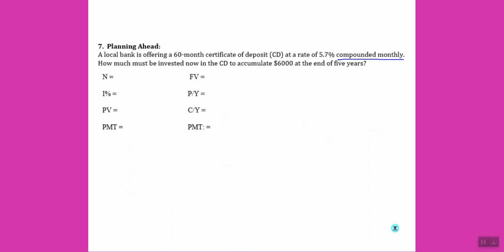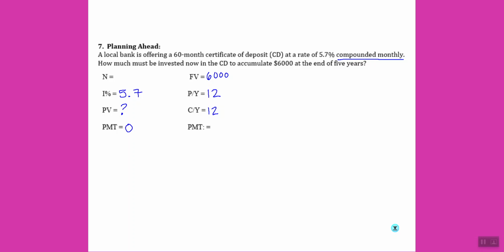So we know we want to end up with $6,000. We're going to make 5.7% interest. Because it's compounded monthly, CY will be 12. PY will also be 12 because we're not making a payment to the account, we're just putting money in at the beginning.